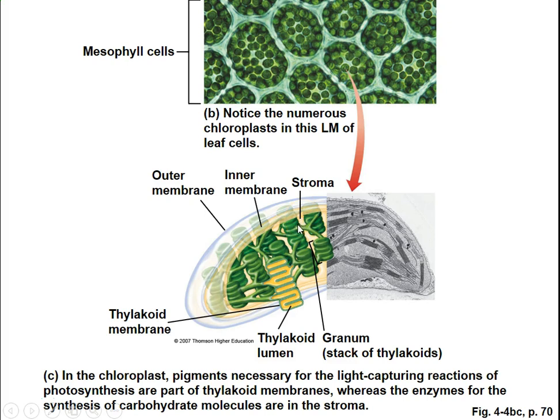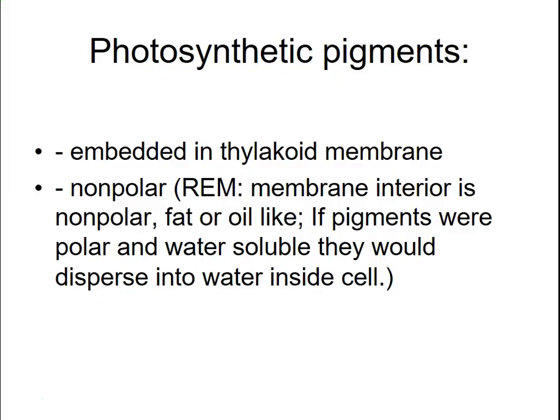Instead, the photosynthetic pigments, chlorophyll and other photosynthetic pigments, are locked into place, and they are embedded in these thylakoid membranes. So it's a very orderly, very controlled arrangement of these photosynthetic pigments. Okay, so if we consider the photosynthetic pigments, notice right here they are embedded in the thylakoid membrane. They are not just floating around freely in the fluid, or the stroma, inside the chloroplast.